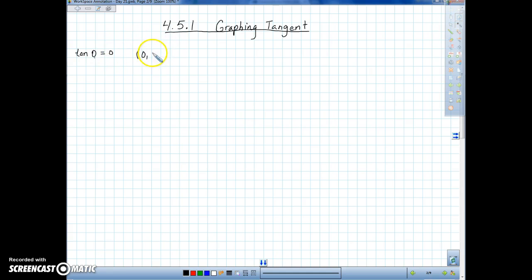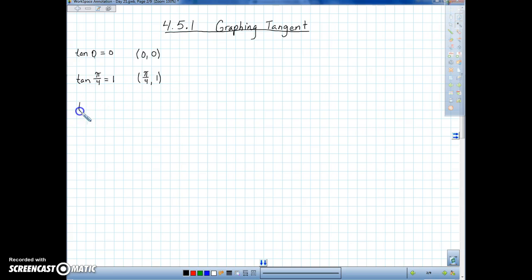So our first coordinate, just like sine of 0 is 0, tangent of 0 degrees is a ratio of 0. The next key element to tangent is, if you notice, the tangent of pi over 4 is equal to 1. So the next coordinate that we usually plot for tangent is pi over 4, comma 1.